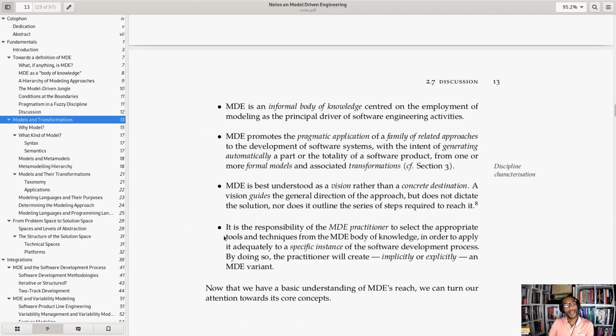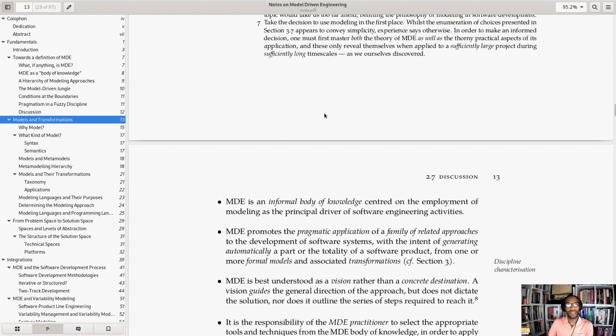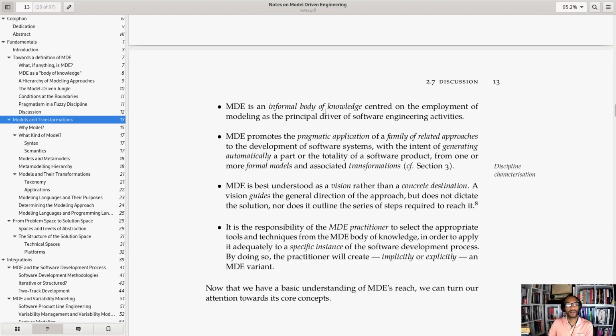And so, as a result, in my research I ended up with this sort of definition, not a definition of model-driven engineering. Instead of a definition, I went for a characterization because it's not really a definition. So, in my mind, model-driven engineering is an informal body of knowledge centered around the employment of modeling as the principal driver of software engineering activities. So there's this notion of an informal body of knowledge.